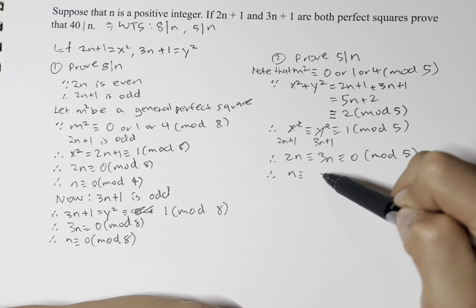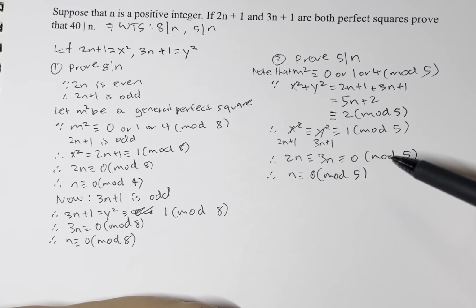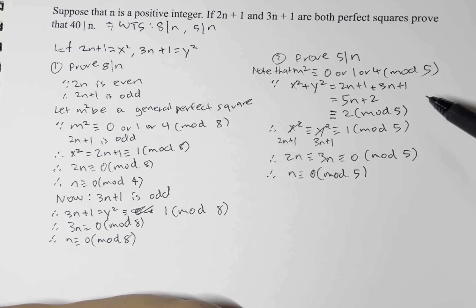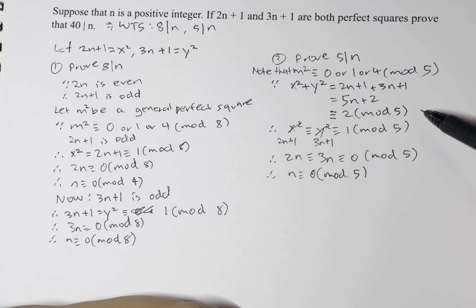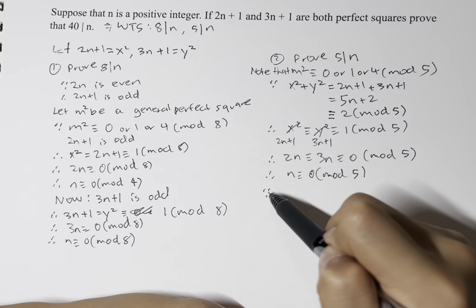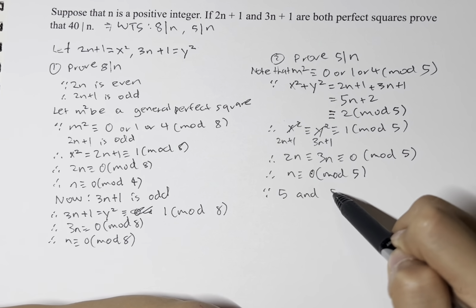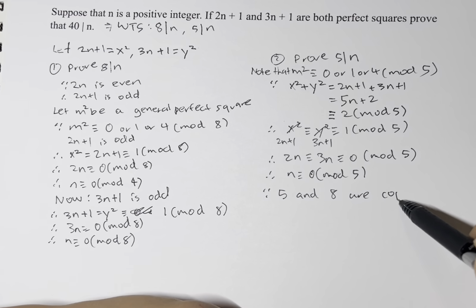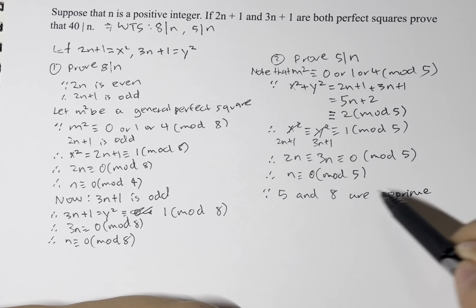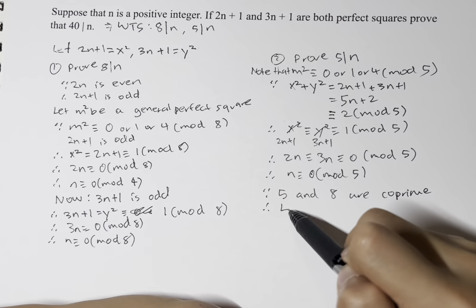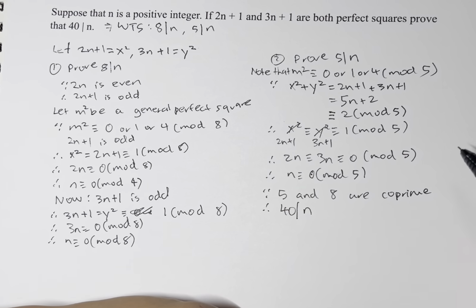So n is congruent to 0 mod 5. Since 3 and 5 are co-prime, in order to make 3n a multiple of 5, n has to be a multiple of 5. And now, since 5 and 8 are co-prime, 40 is a factor of n.